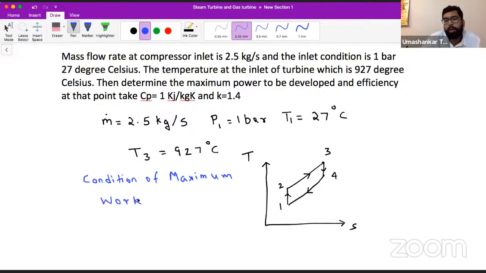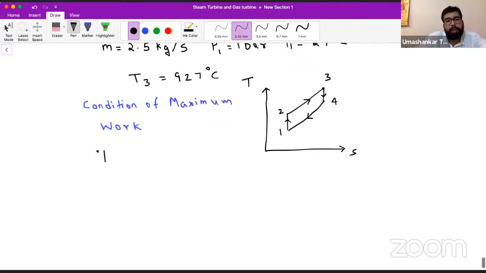Yes, Aishwarya, your answer is also correct. So what is the condition of maximum work? In the condition of maximum work, T2 is equal to T4 is equal to under root T max T min, under root T1 T3. We have derived this formula in the last session. Yes or no?